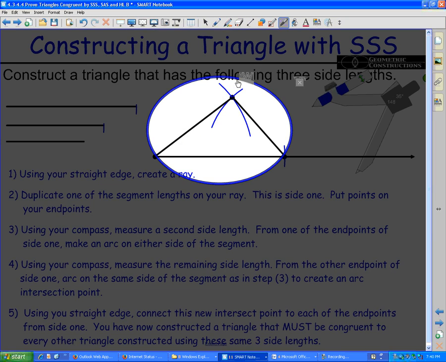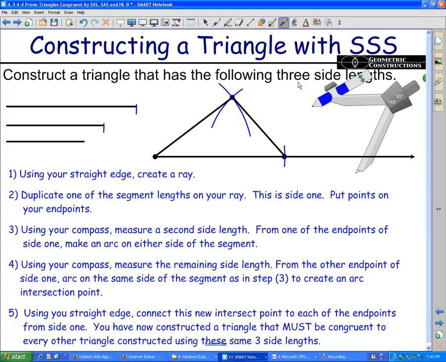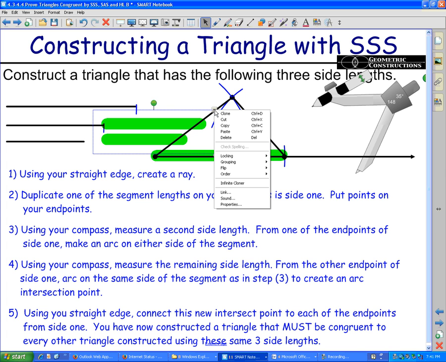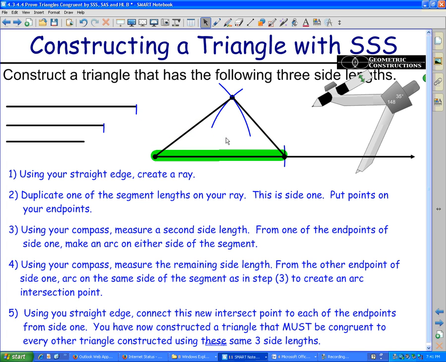And if you want to see just a little visual, if these are the three side lengths that we started with, you can see how we built that triangle using, oh no, how did that happen? I was probably going too fast.